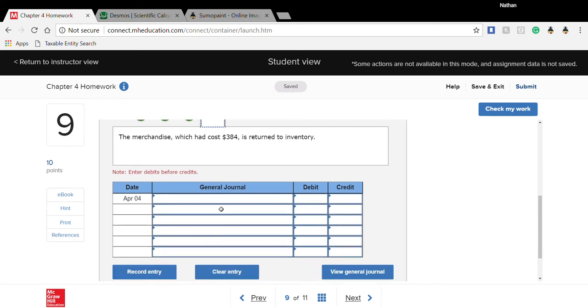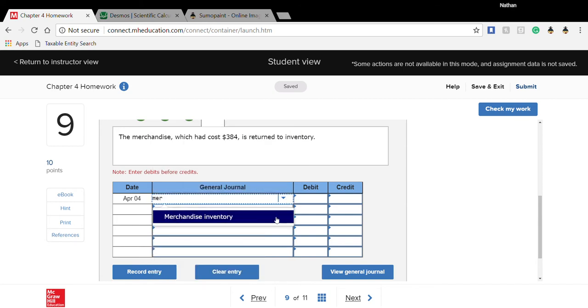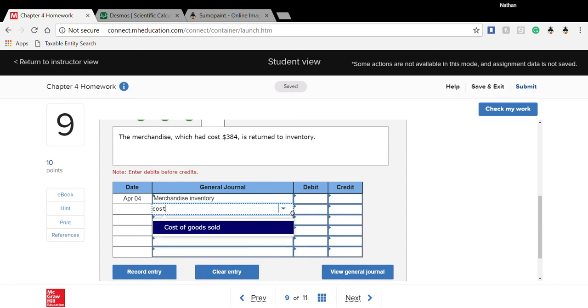So we're gaining our merchandise inventory back, and later we'll probably end up writing it off for something else, which again we're not getting into right now, but that's really what business will go into. If it's bad products, we're going to write it off later on. So merchandise inventory, since we now received it back, we can no longer claim cost of goods sold for that amount. So just 384 for the amount that was returned. That's the cost related to it. Okay.